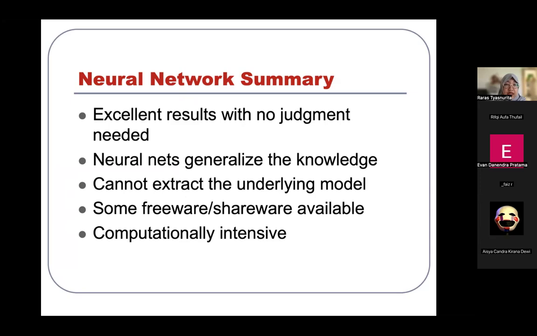But on the other hand, they cannot extract the underlying model. So how they extract the knowledge, that means the model, they cannot do that. But what we can do is find the best architecture to solve that problem: how many hidden layers, how many hidden neurons, what the activation functions are, what the learning methods are. That's what we can do to optimize.